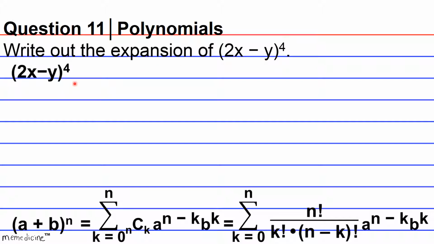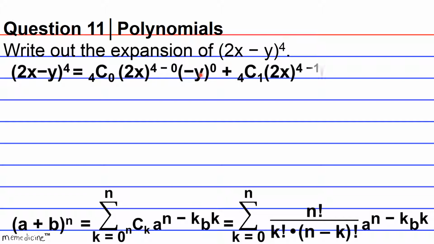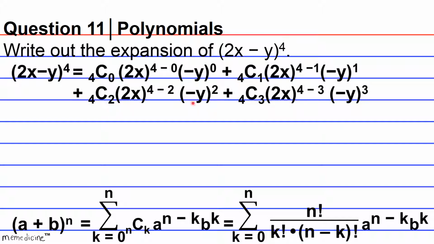So our expansion is as such. The first term, when k is equal to 0, you have n choose 0 and 2x raised to the 4 minus 0 times negative y raised to 0. You have the second term when k is equal to 1, the third term when k is equivalent to 2, the fourth term when k is equivalent to 3, and the fifth term when k is equivalent to 4.